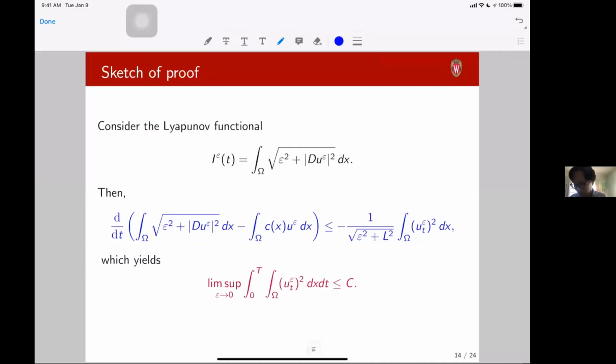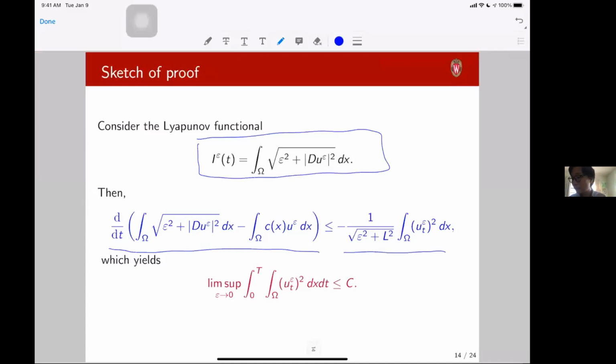When we study the large time behavior for this typical problem, this Lyapunov function is useful, with exactly the Neumann boundary condition. In general it might not be useful, but if we use it and do some careful computations, not hard, we end up with this: d over dt of the term on the left hand side is always less than or equal to this one on the right.